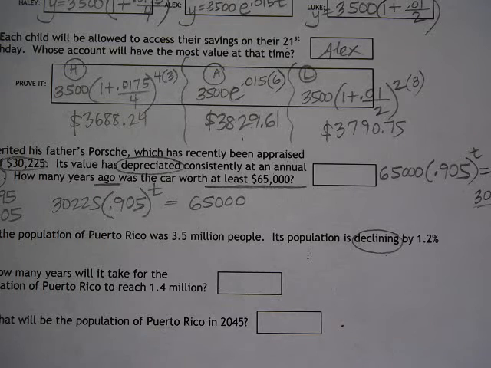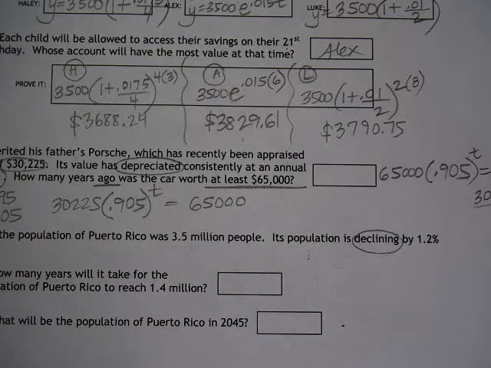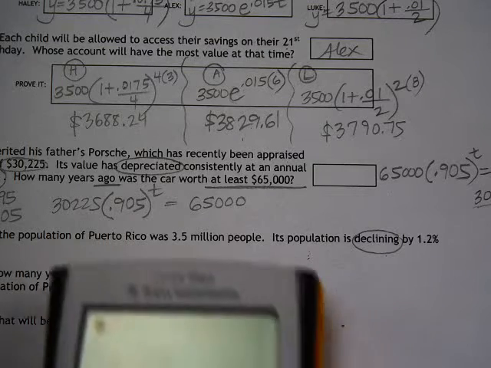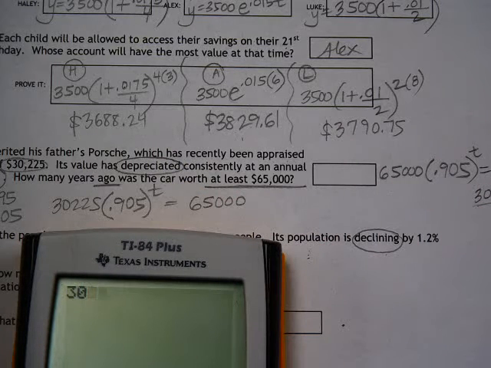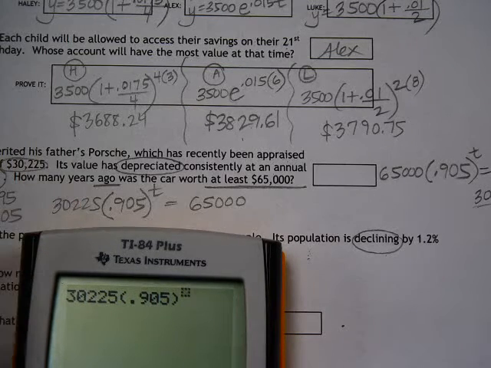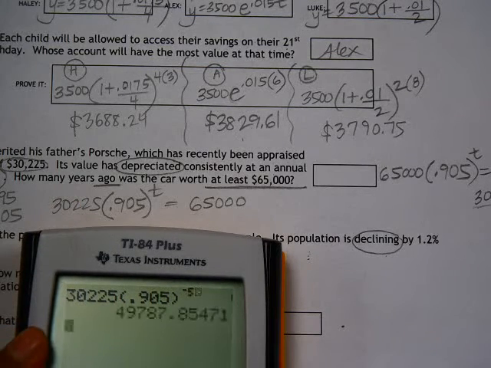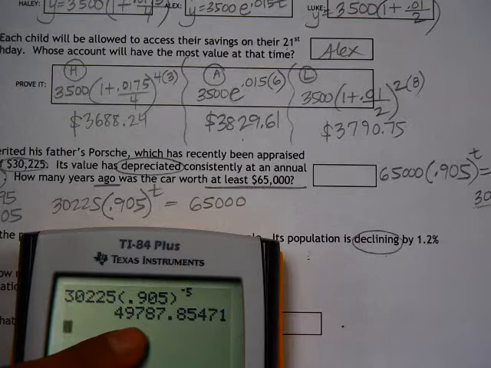As far as guessing and checking here, just pick a number, try it out, and then see what happens. So, for example, if you think that it was 5 years ago, 30,225 times 0.905 to the, in this case I would want to pick -5 as my exponent. Okay, 49,787.